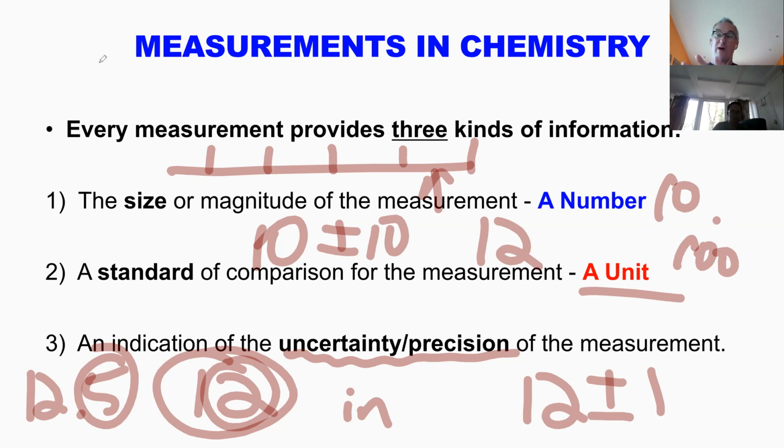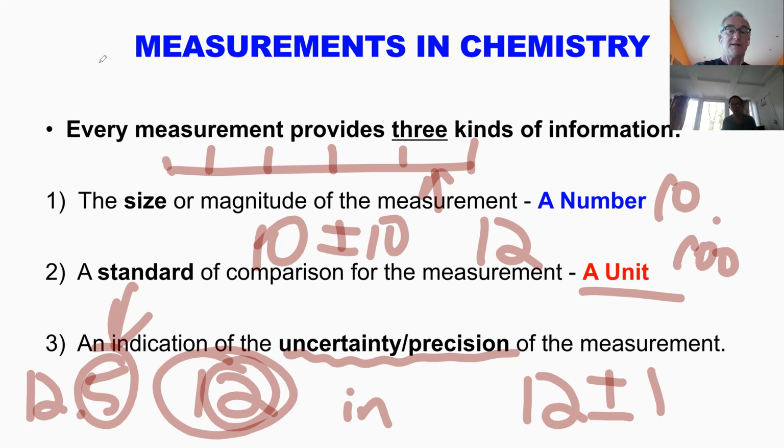So if I give 12.5, basically I'm saying I'm estimating this last number. And so it's going to be plus or minus around 0.1, maybe with a little more uncertainty than that. But it gives you a general idea of, it's somewhere between 12 and 13, somewhere close to the middle. So it gives you more information than just saying 12, because I can actually see that it's more than 12.